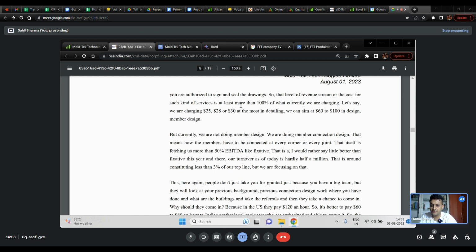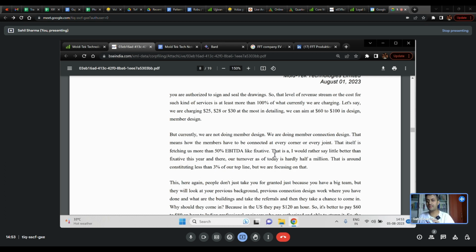So see, this is the important thing to understand, right? This is why it is a strategic intent, but it's also impacting the profitability and the level of the revenue. They've talked about the fact that revenue from these kinds of services is at least 100% higher than what they are charging right now.